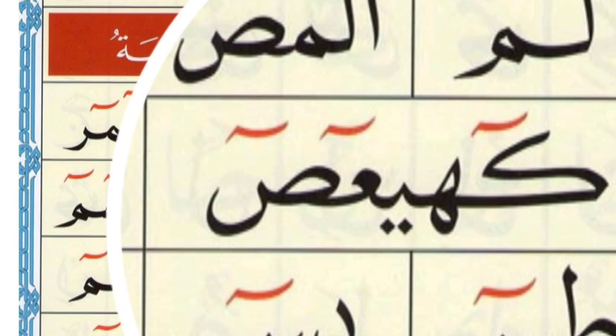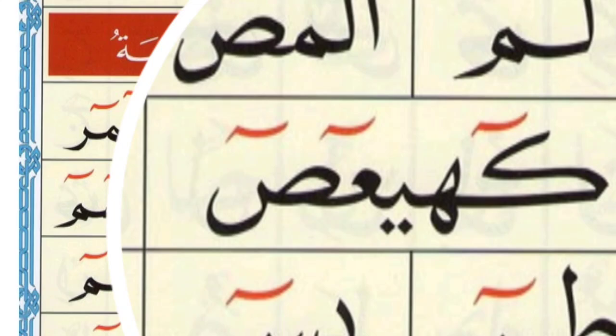The next block we have here contains 5 letters. The first one, which is Kaf, has 3 letters inside it, so you're going to stretch it 6 counts. The Ha contains 2 letters, so you do it 2 counts only. And the Ya the same, 2 counts. And Ayn has 3 letters: Ayn, Ya, then Noon.